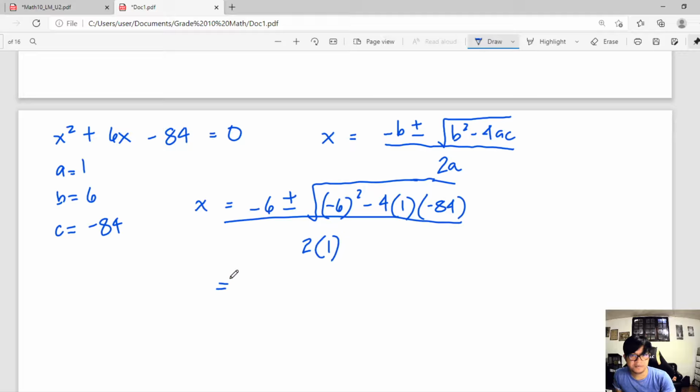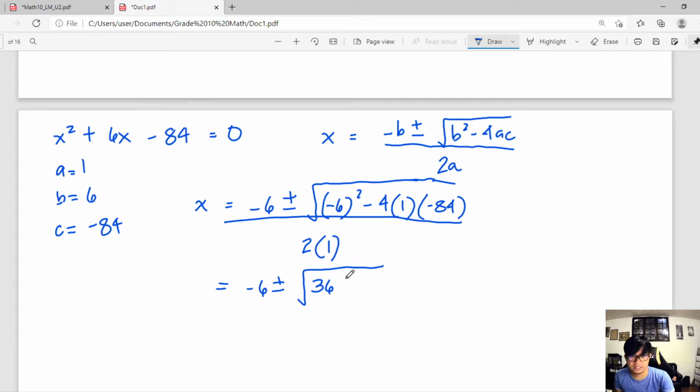Now we simplify. Negative 6 squared is 36.